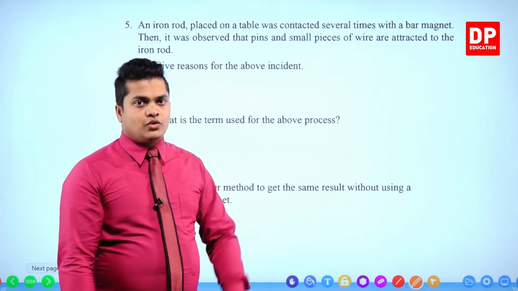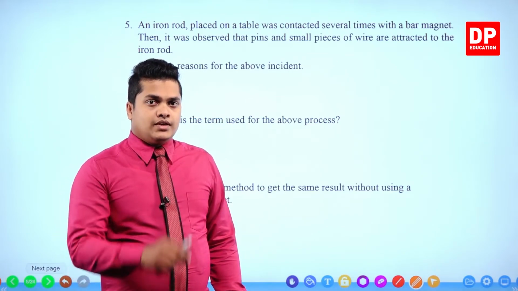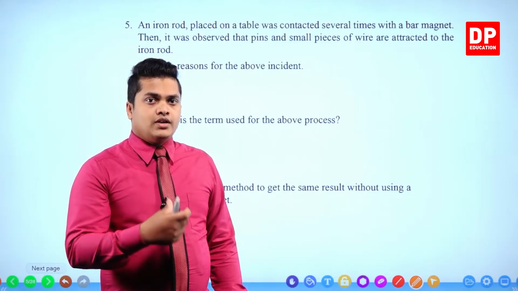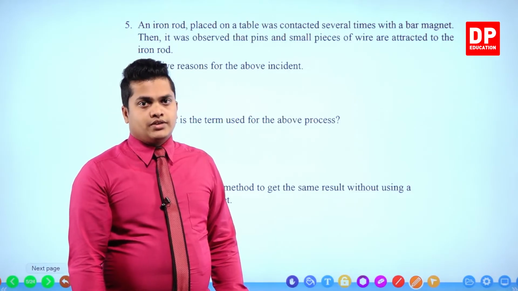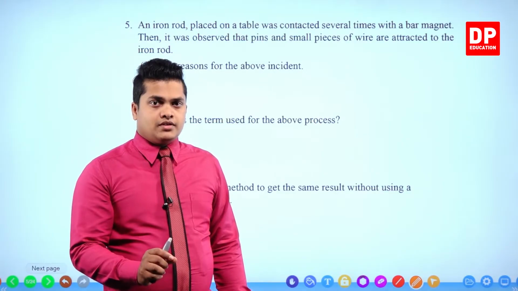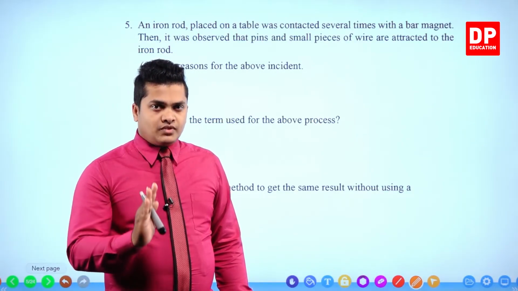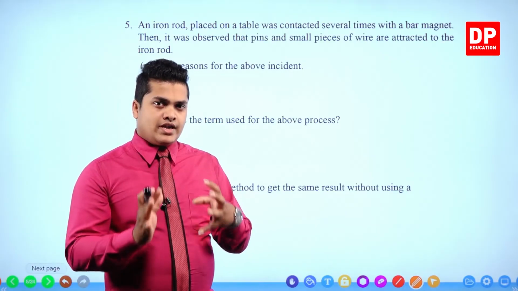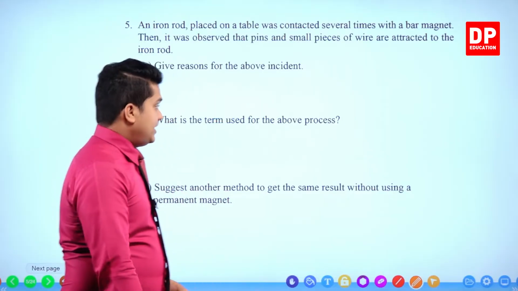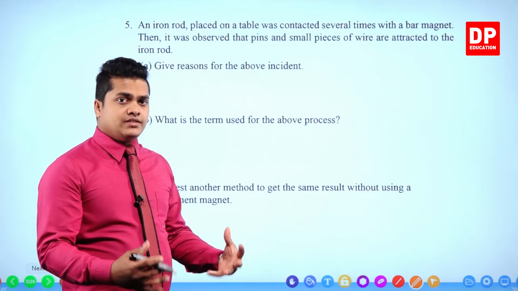So here also in this question, the person has contacted a bar magnet on an iron rod. So in this situation also the contact method is being used. Therefore here the iron rod is behaving as a permanent magnet. Give reasons for the above incident. What is the reason?